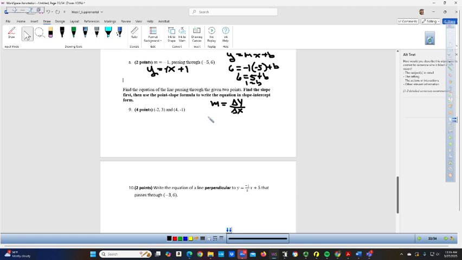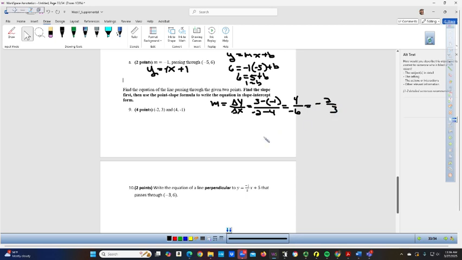So if we go y1, which is 3, minus y2 over x1, which is -2, minus x2, which is -4, we're going to get a 3 plus 1, which is 4, because I can't have a double negation. And then -2 plus a 4 is just -6. So we get a slope of -2/3.